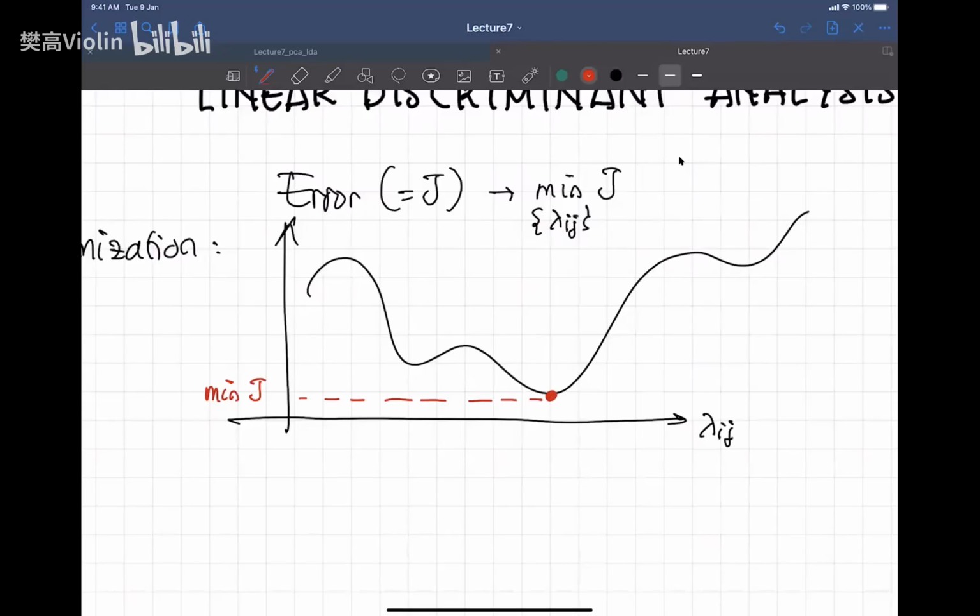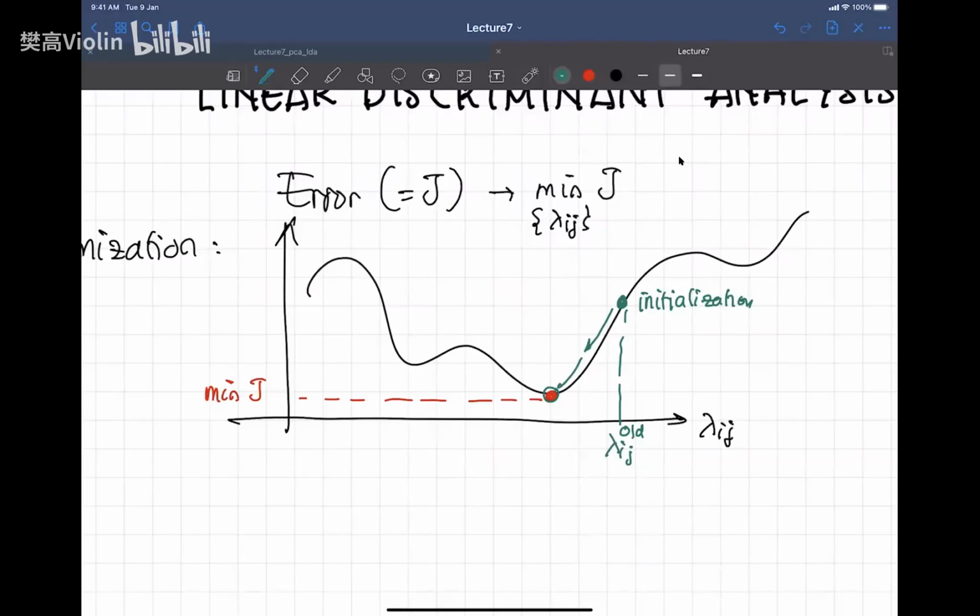Now, if you use gradient descent, which is the simplest one, you initialize from here. This is the initialization, which means your value of lambda ij old is this one. Then you do the optimization, rolling down from this initialization value until you get to the minimum, hopefully, if your alpha is correct.